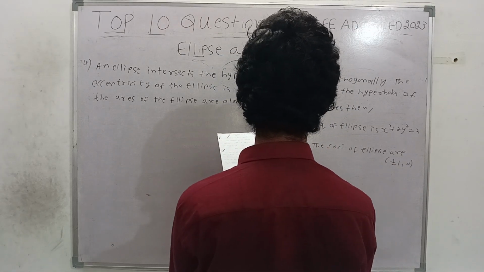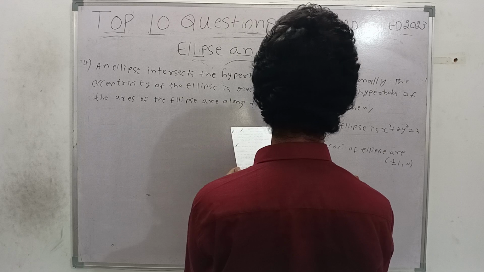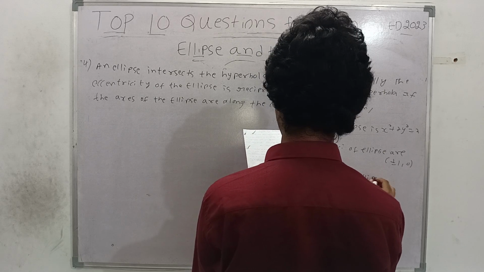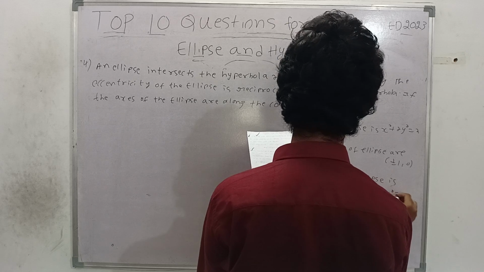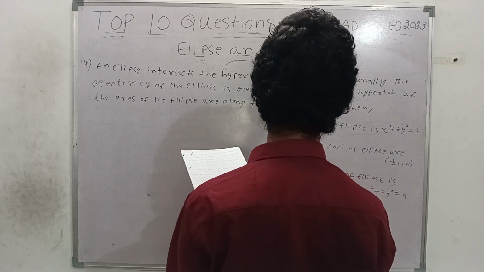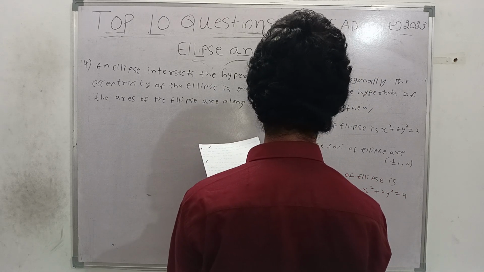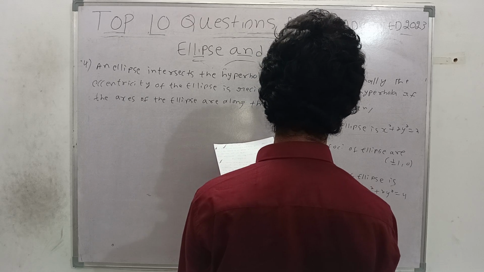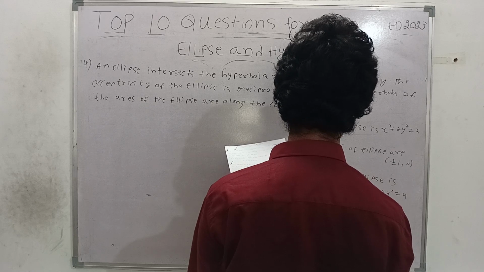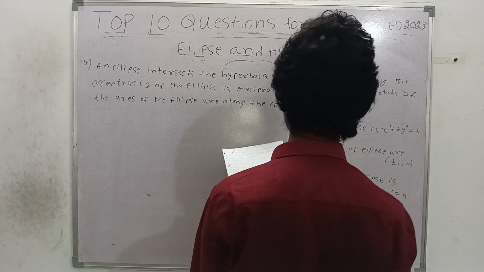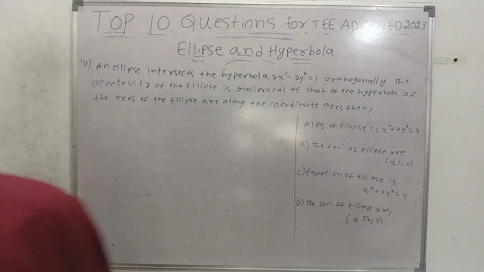Option C, equation of ellipse is x square plus 2y square equal to 4. Option D, the foci of ellipse are plus or minus root 2 comma 0.